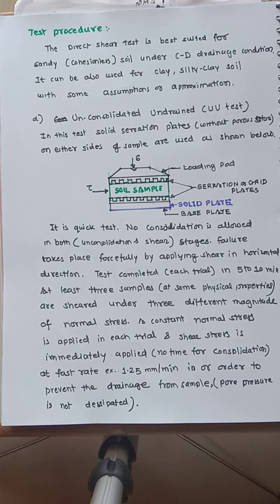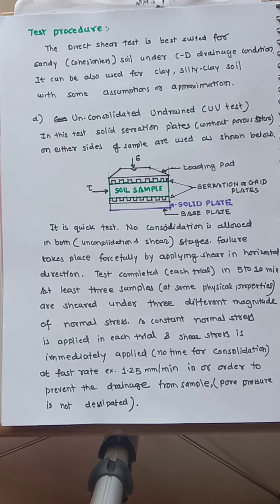How to decide which normal stress to be applied, whether it is 0.2, 0.5? When the material is in a very loose state, then a lower value, 0.2 kg per cm square, is applied. If the material is stiff, higher density, higher unit weight, then higher values are applied. But to simulate the field conditions, suppose a sample is collected at 2 meters, and the gamma value is suppose 20 kilonewton per meter cube, then it becomes 40.